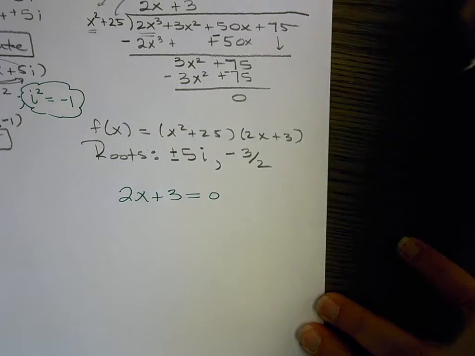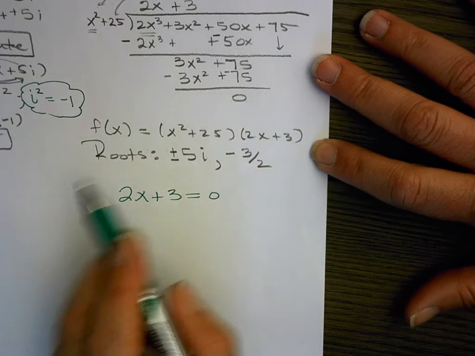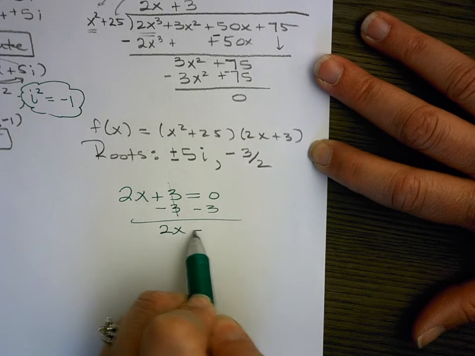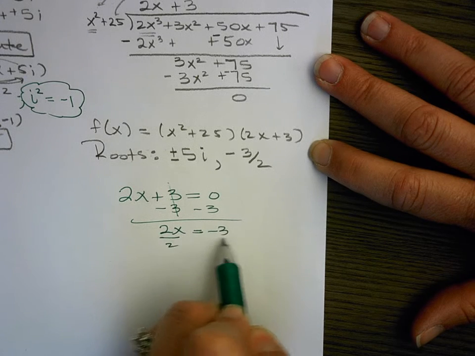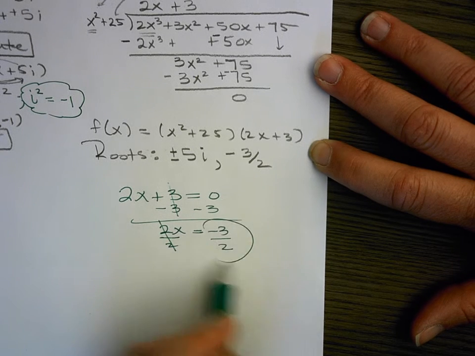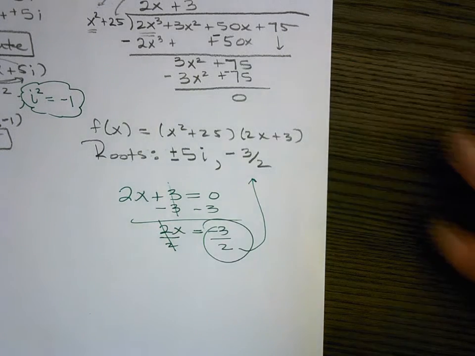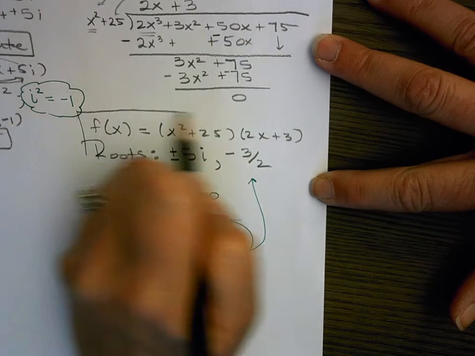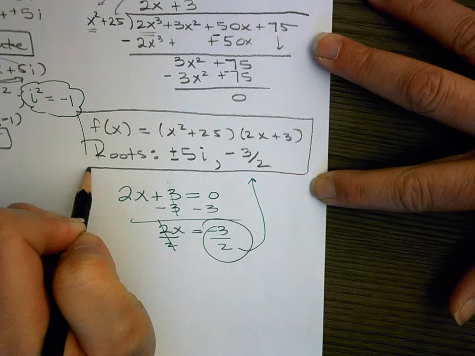So if I do this equal to 0 and solve that equation, I would subtract 3, and then divide by 2. And so that's how I got that other root. Okay? So there's my factored form over the integers and my roots.